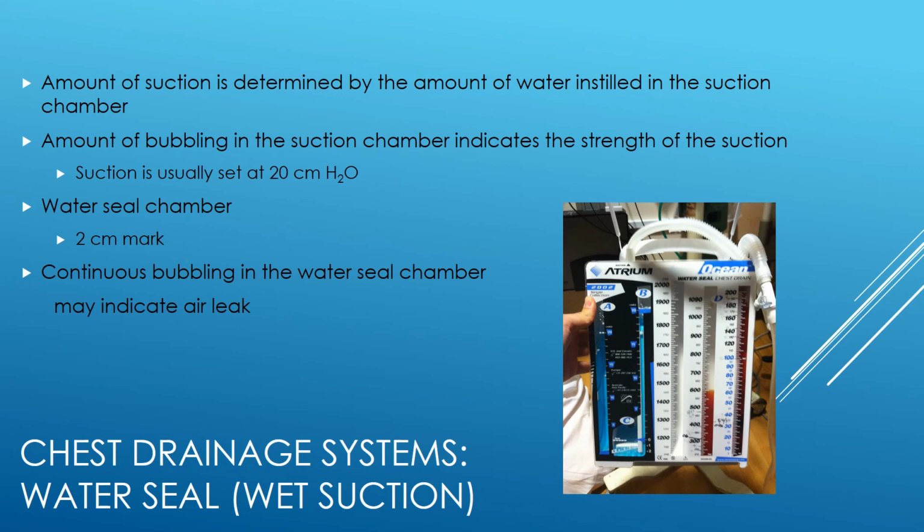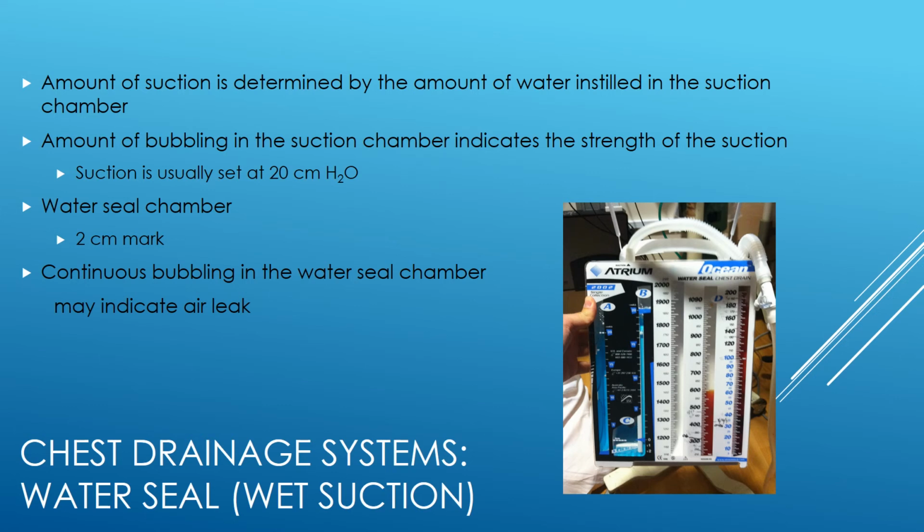With wet suction, again, you can kind of see in this picture here, the water in the A chamber is filled to the -20, and when you hook up your suction to that tube up top, this chamber, the water suction, wet suction chamber, will start to bubble, and that's normal. So you want the water suction chamber to bubble because that means your suction is working.